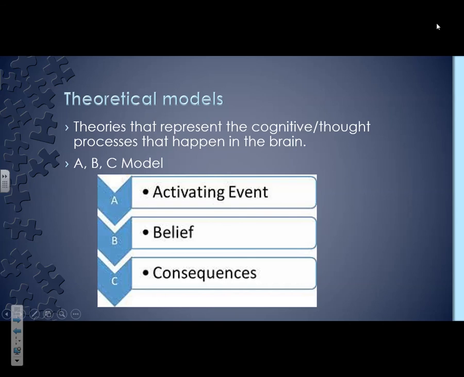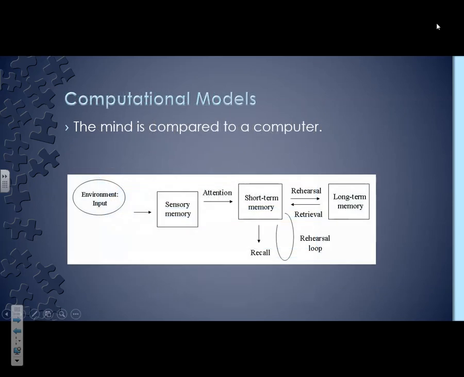It's merely a way of representing how memory works. So it's a theoretical representation rather than a physical representation of something, because obviously in biology or in other subjects you would get an image that physically represents, so a diagram of the brain which exactly represents what the brain looks like. Computational models are models based on computers.